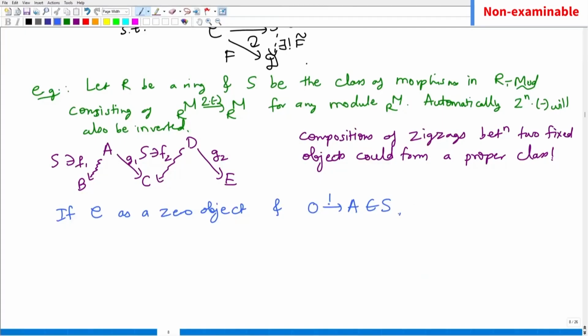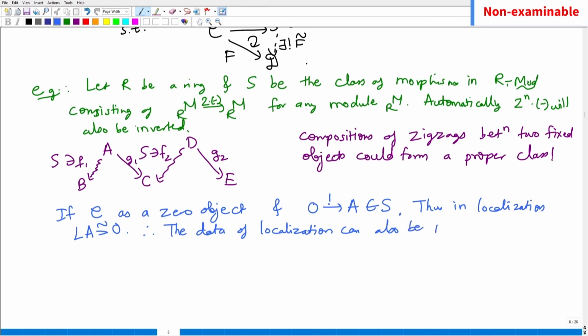Thus in localization, LA will be isomorphic to 0. So we are killing some objects. Therefore the data of localization can also be provided using objects which get killed.